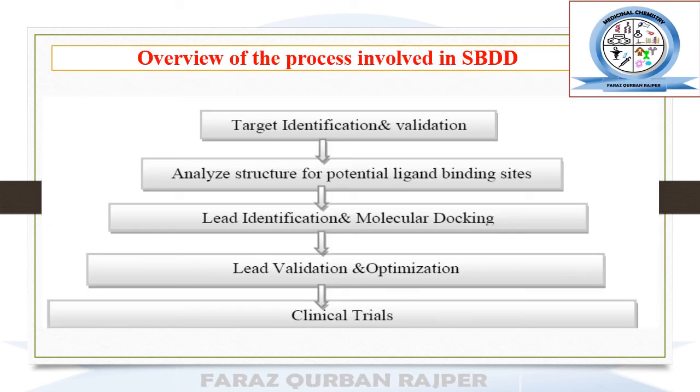Overview of the process involved in structure-based drug design. Basically, this is a general overview of the different steps involved in structure-based drug design. First of all, the identification and validation of the target, meaning the identification of the protein structure, for which we use X-ray crystallography and NMR spectroscopy.